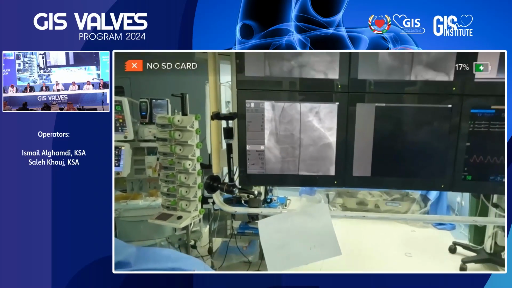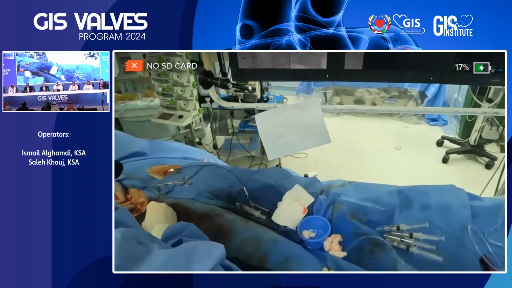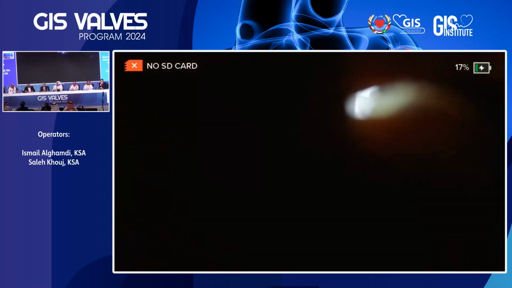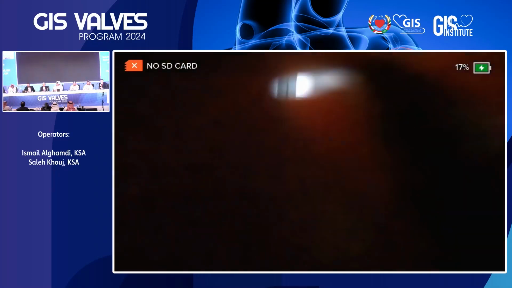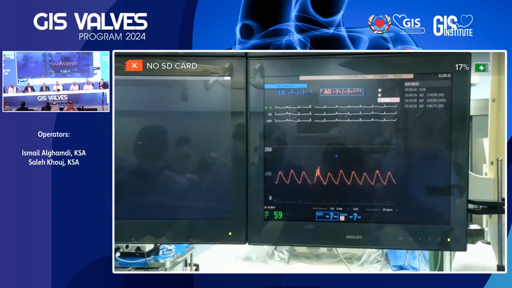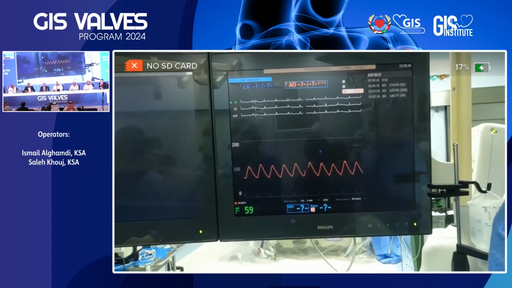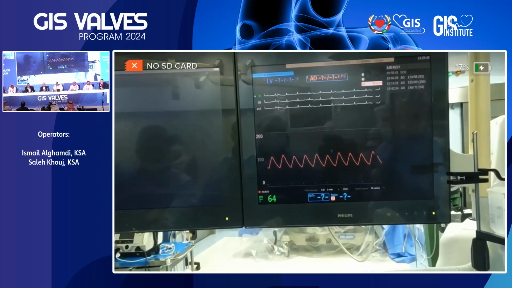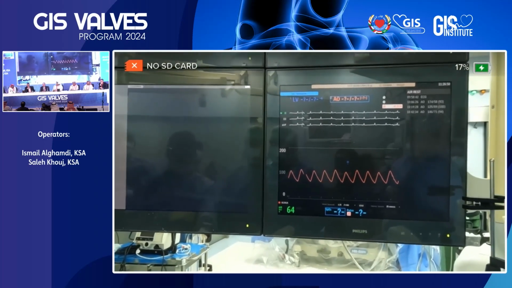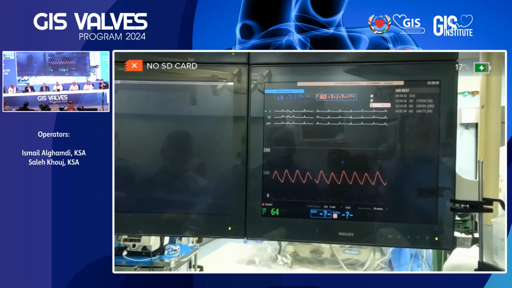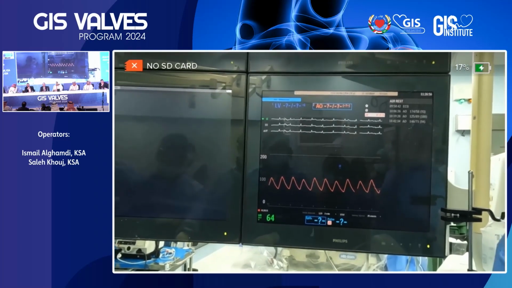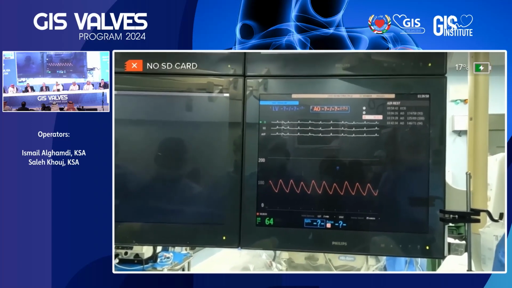Great. So can you show us your hemodynamics, Saleh, if you took some, and just show us the ECGs. Any changes in conduction? On the ECG, there was a widening of the QRS after the ballooning, and it returned back to the narrow complex afterwards.